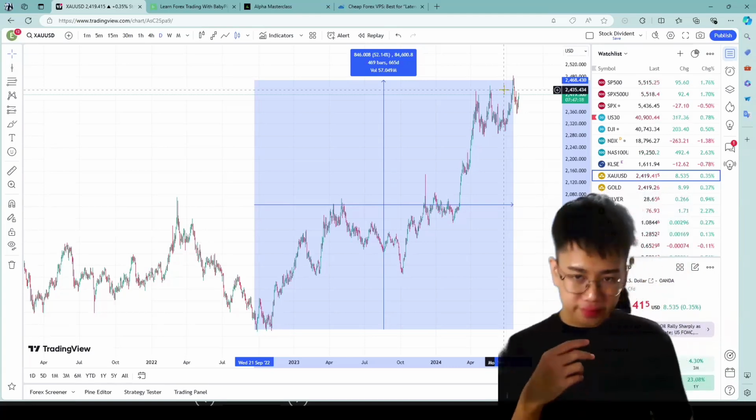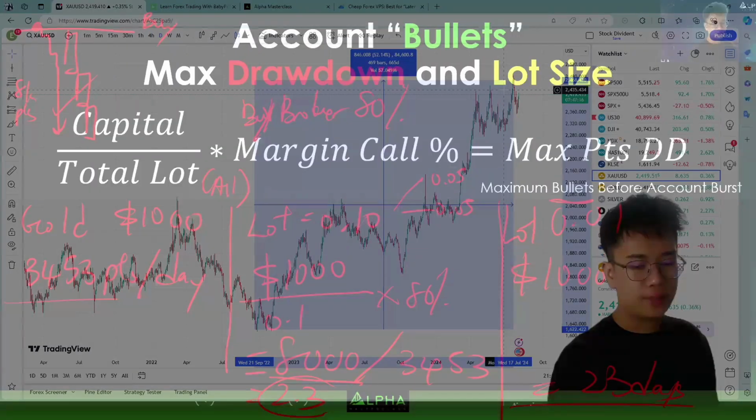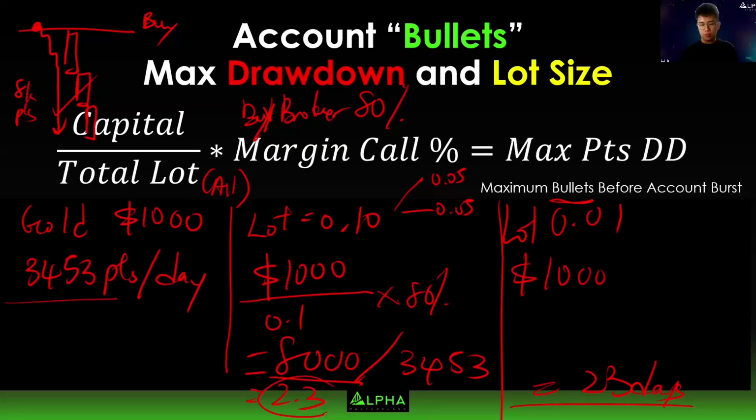So, in short, what I want to bring up here is that, in order for your account to be safe, what you have to do is to increase the max point drawdown. Increase the chance that your account will absorb as much risk as possible.